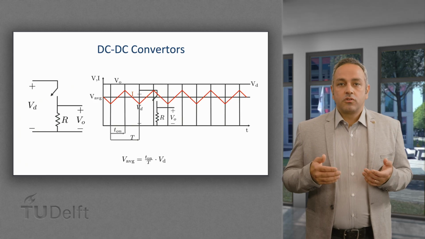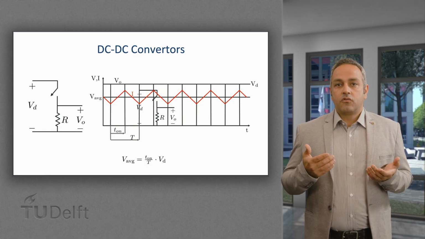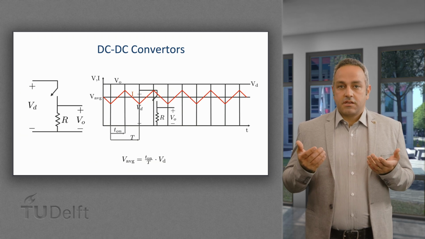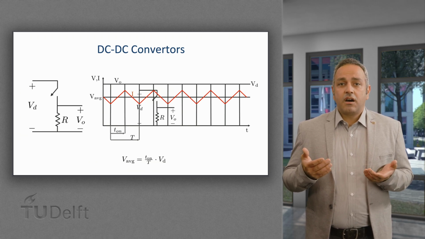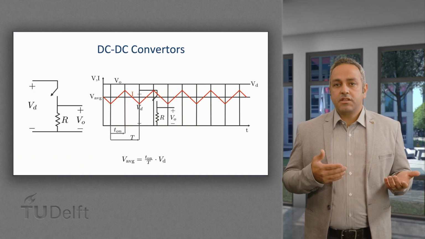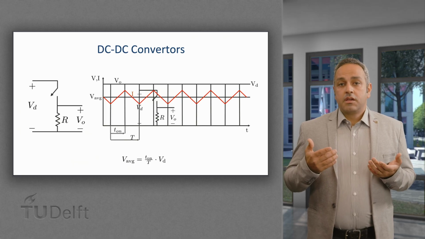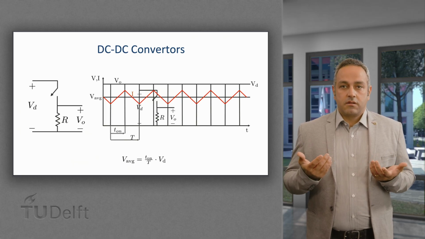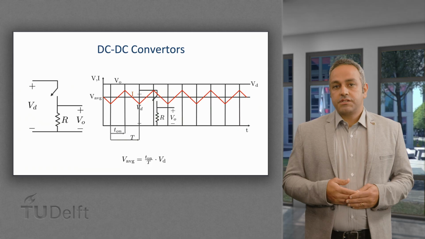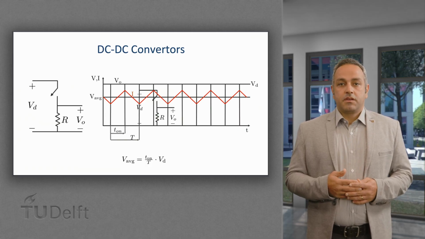The average output voltage will be V average equals T on over the period times the input voltage, where T on is the on time of the transistor. The ratio between the time when the switch is on and the complete period is called duty cycle. The average output voltage is proportional to the duty cycle and can be deduced from the equation.